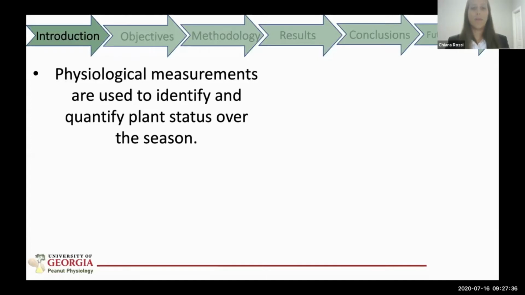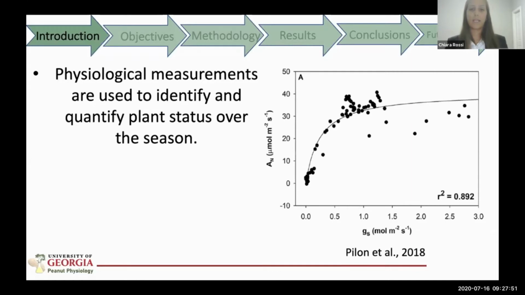So physiological measurements are very important to identify, but also quantify the status of the plants during the whole season. As we all know, photosynthesis is the process that best explains the status of the plants. And from this graph, we can see that net photosynthesis is highly correlated with stomatal conductance, which is another important physiological parameter.